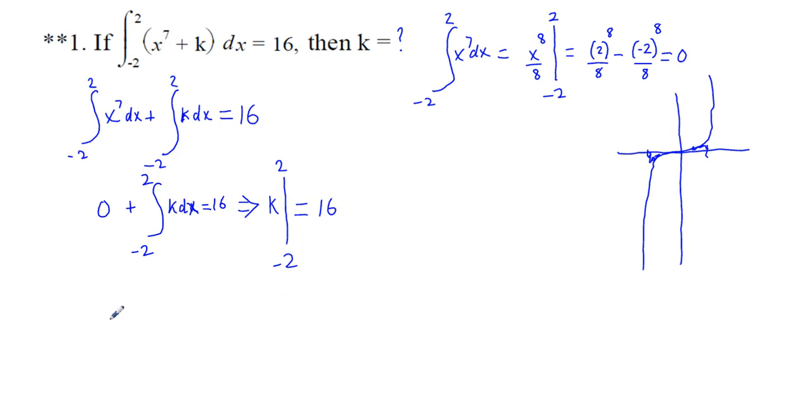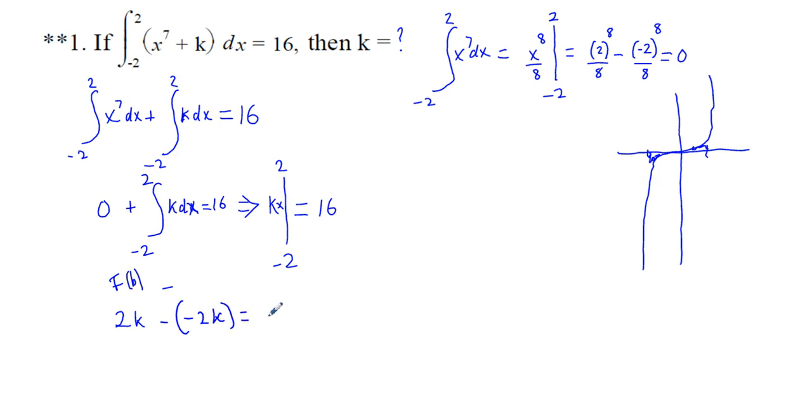And so working below, we have 2k, that's going to be our f of b, and minus f of a is going to be minus negative 2k, because we had kx, right?